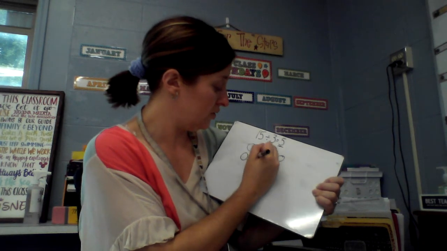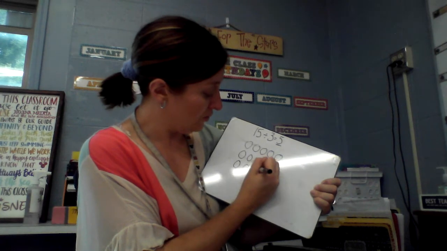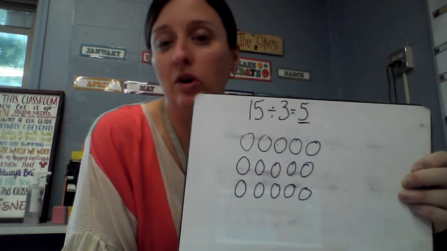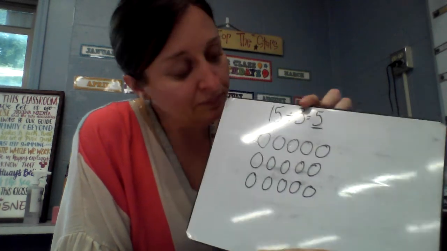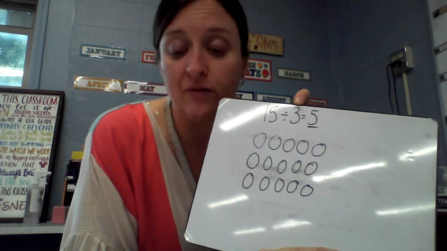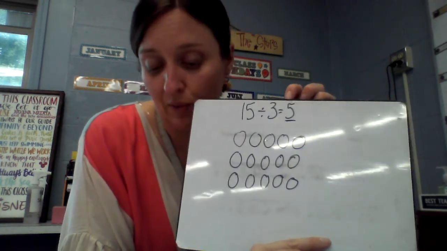So I would say there's 1, 2, 3, 4, 5, 1, 2, 3, 4, 5, 1, 2, 3, 4, 5. Again, 15 total circles, but this time, instead of this being the number in each group, I wanted this to be the number of groups. And then my 5 is how many are in each group.